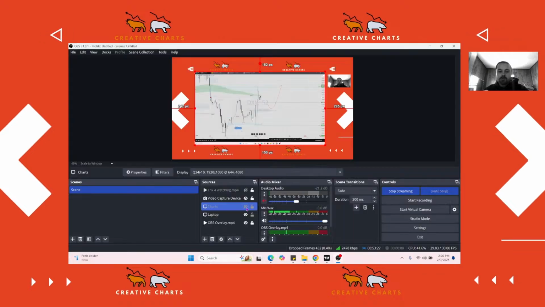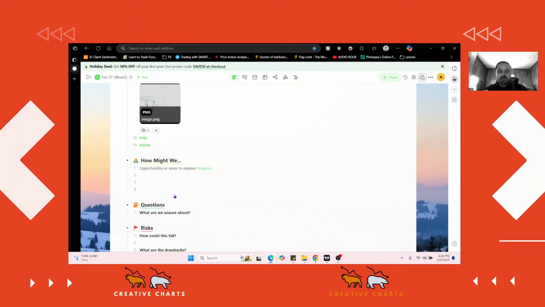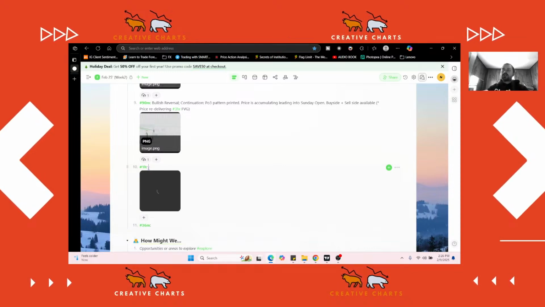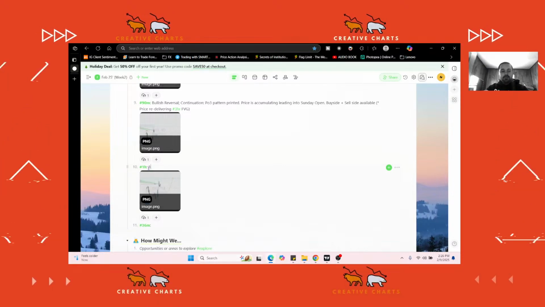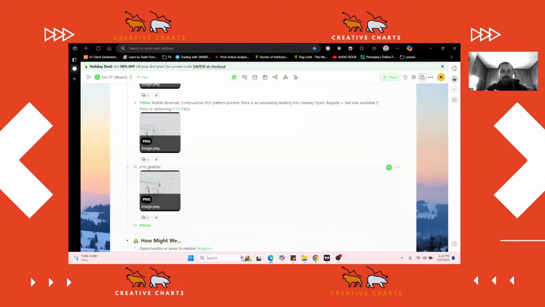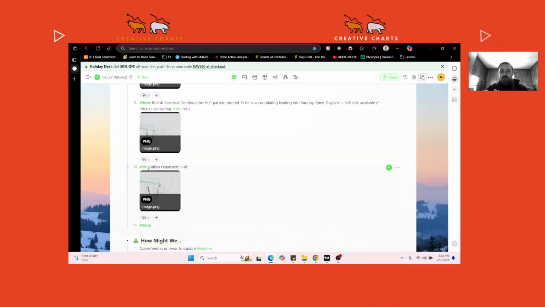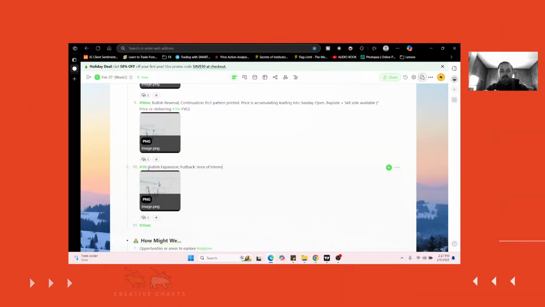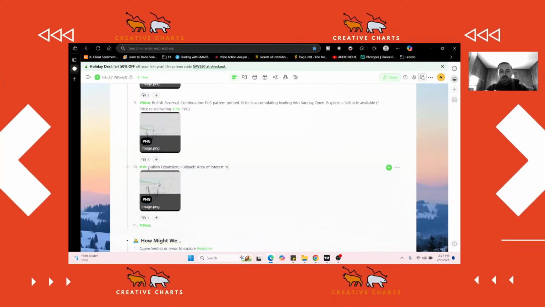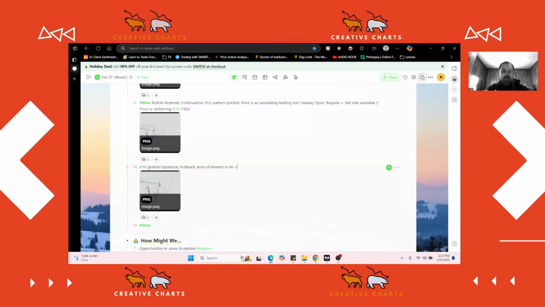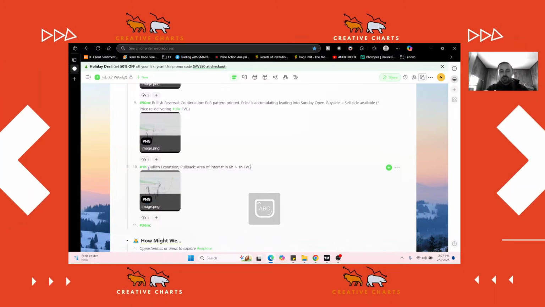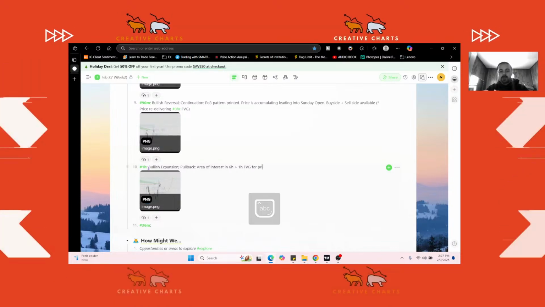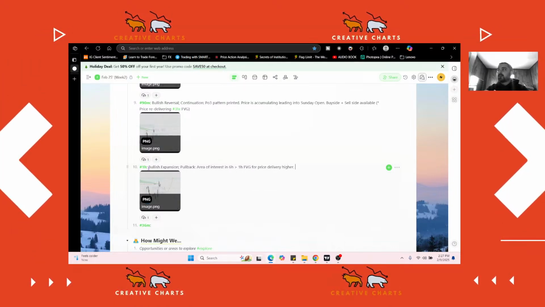So, you know what I'm looking for? We go down to the journal, paste my screenshot, and identify what I see. I see a bullish expansion, pullback, area of interest in 6 hour double tap 1 hour FVG for price delivery higher.